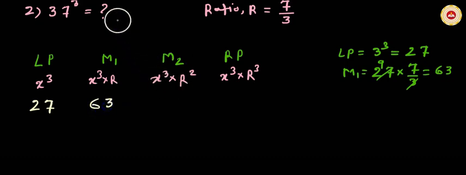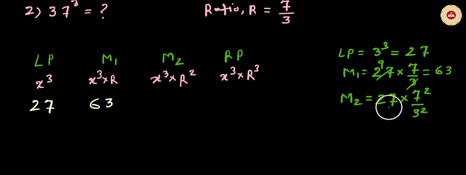What is middle part 2? Middle part 2 is x cube, that means 27, 3 cubed is 27, multiplied by r squared. r is 7 upon 3. 7 squared, 3 squared. 3 squared is 9. 9 threes are 27.